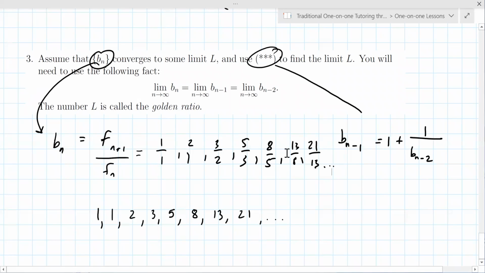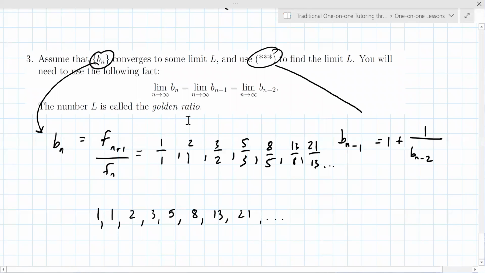Is that clear, what it's asking for? These numbers: the first one is 1, then it's 2, then it's 1.5, then 1 2/3, then 1.6, and this goes on, but eventually it reaches this L, the golden ratio, which maybe you've heard before.